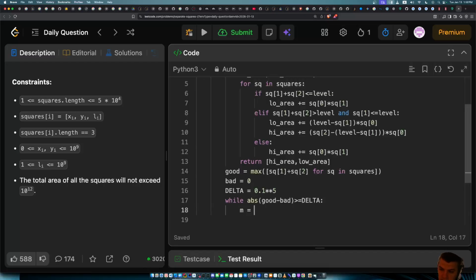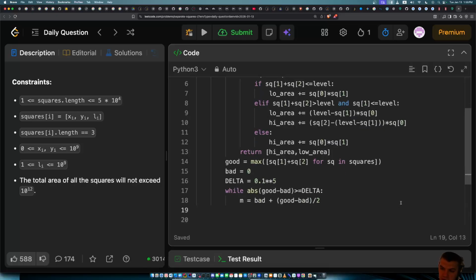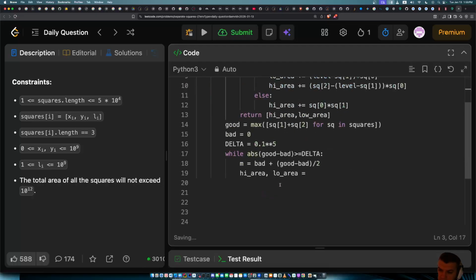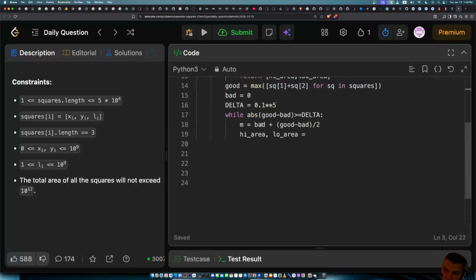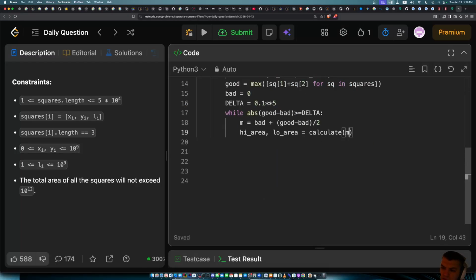Middle gonna be bad plus good minus bad over 2, and then I'm gonna check, okay, high area, low area gonna be equal to calling this calc function, calculate at the level m and then squares.